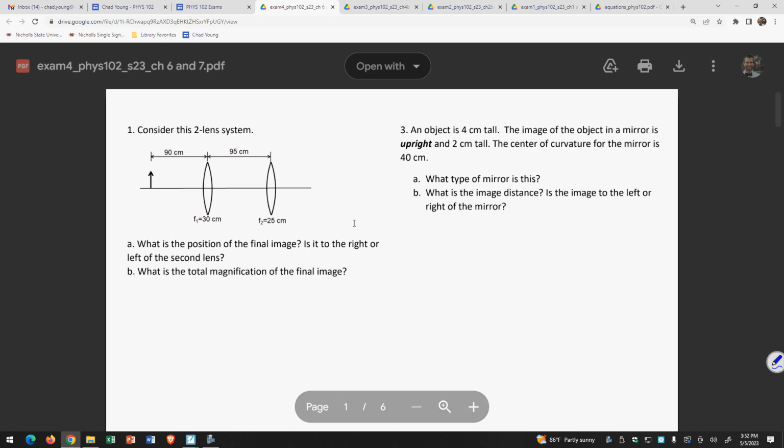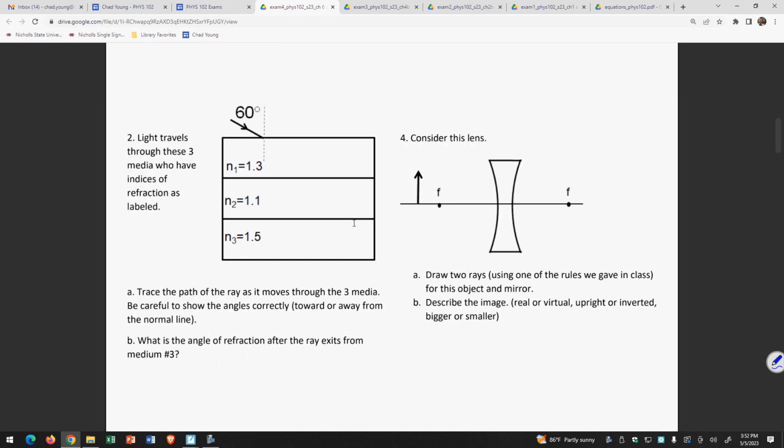When you go down to 2, when you do n1 sine theta 1 equals n2 sine theta 2, the angle in 1 is as it's going from 1 to 2.